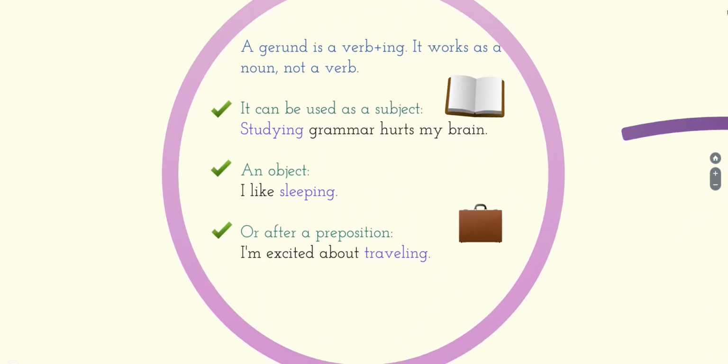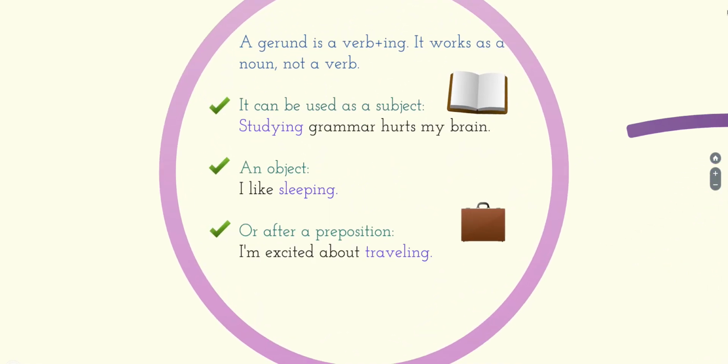Okay. So, we said that we have three main uses when we use a gerund. The first one is that we can use it as a subject. In that case, you are going to have the gerund at the very beginning of the sentence, like this example. You can use it also as an object, like in this case, I like sleeping.